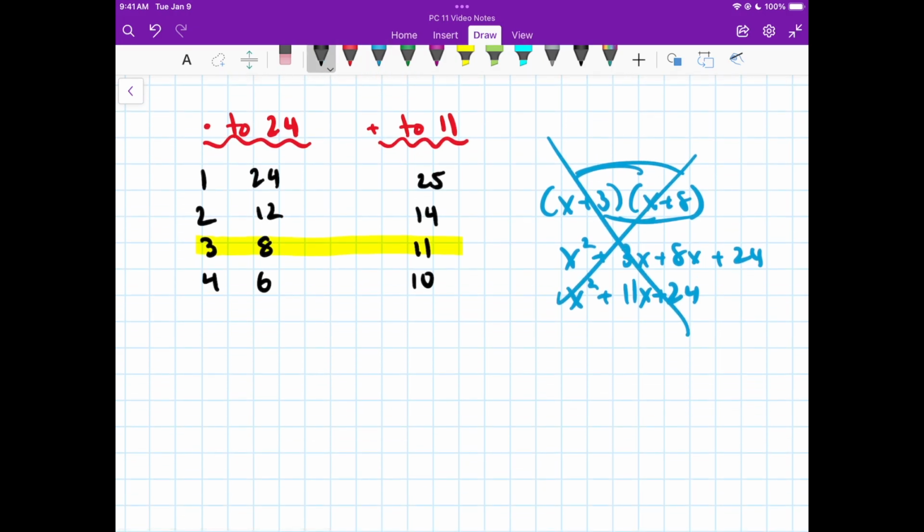So our next step isn't to go straight to our answer. It's to take those 2 numbers, the 3 and the 8, and use them to replace the 11. So we're going to use those 2 terms, 3 and 8. And we're going to turn our 1x term into 2x terms.